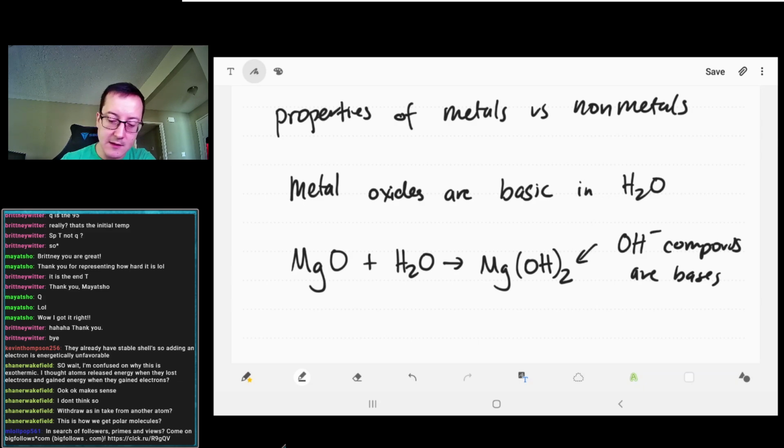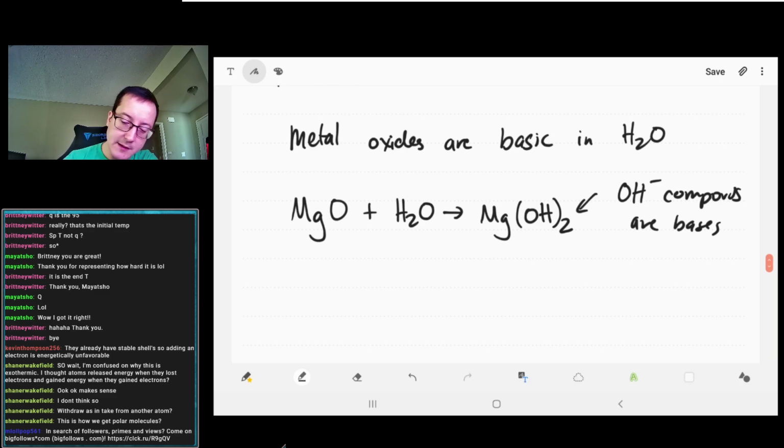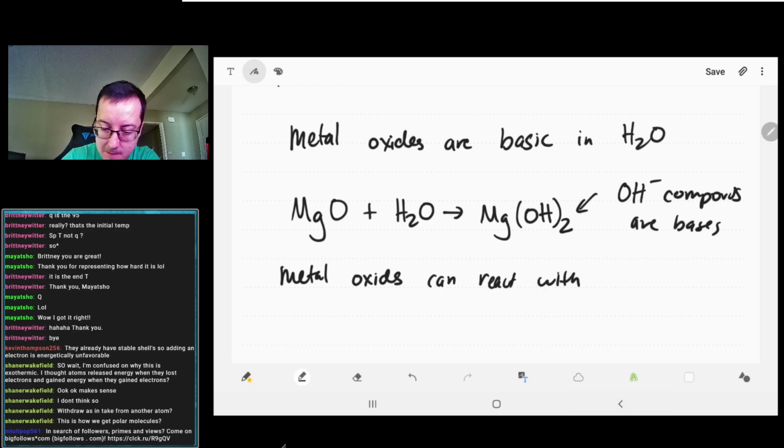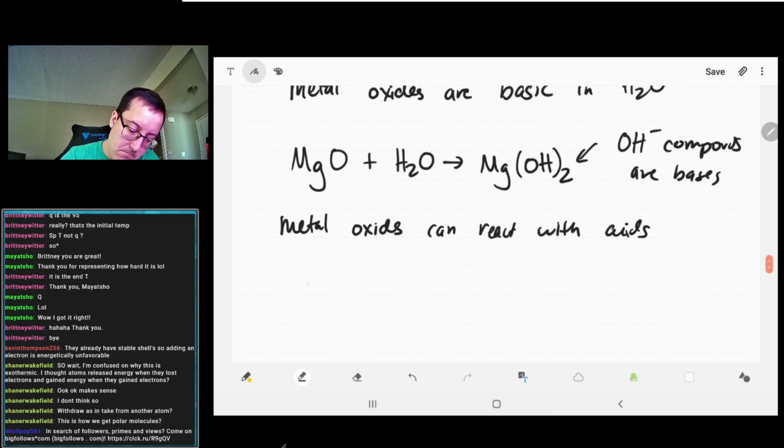So exciting things there. We could also see that sometimes metal oxides can react with acids. Nickel will work. We can react them with acids because typically metal oxides are basic.